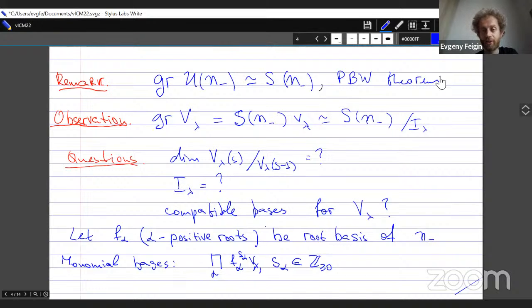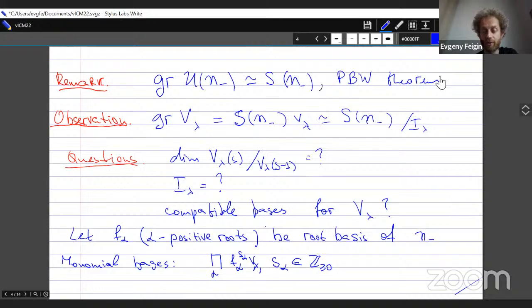So this is the natural and expected construction, that there might be some nice polytopes describing this basis. So namely, the s_alphas we are going to take are integer points in some polytopes.